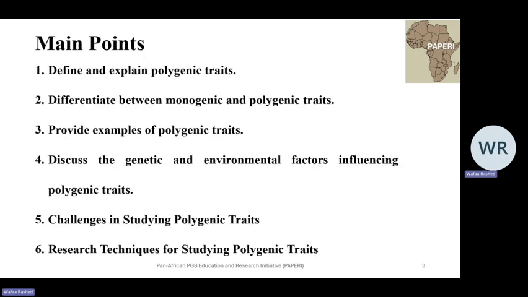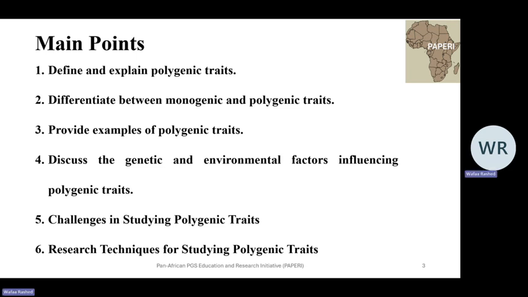The main points that we will discuss: first, define polygenic traits and differentiate between monogenic traits and polygenic traits. Then provide examples about polygenic traits and discuss with you the genetic and environmental factors that affect polygenic traits. In addition, what are the main challenges when you want to study polygenic traits?